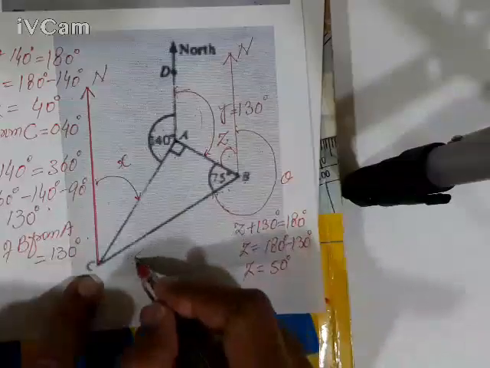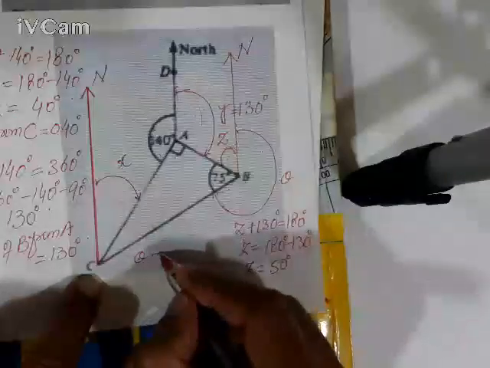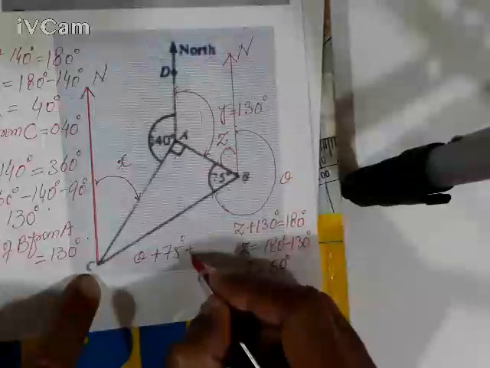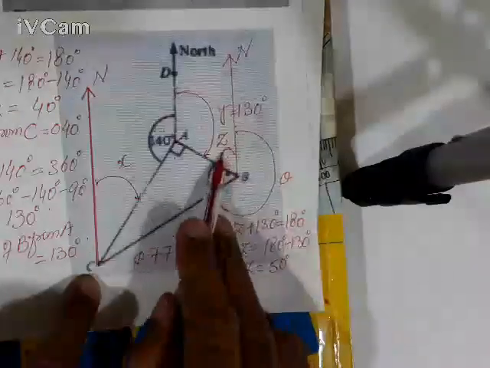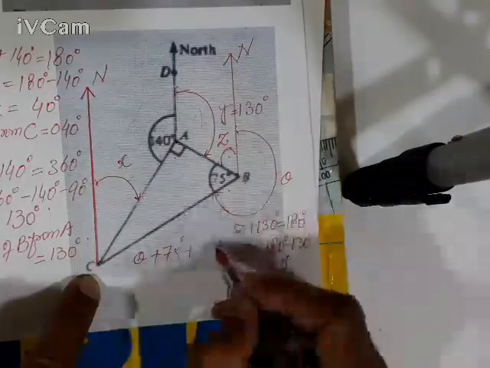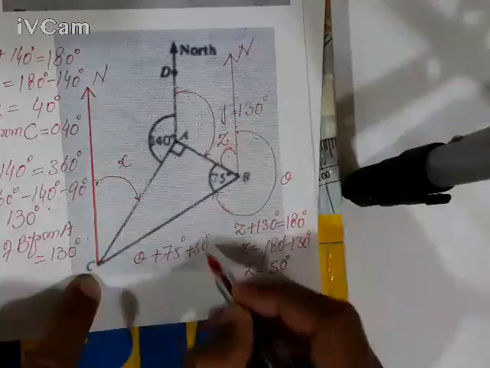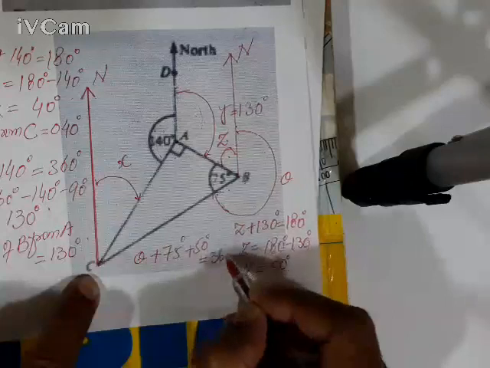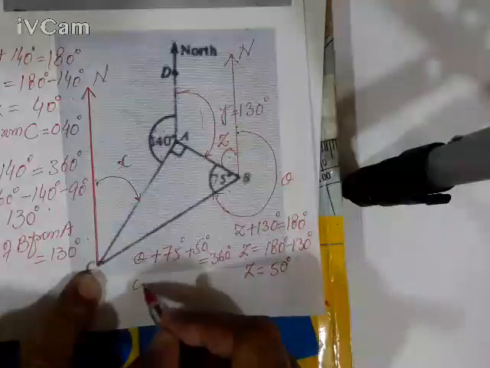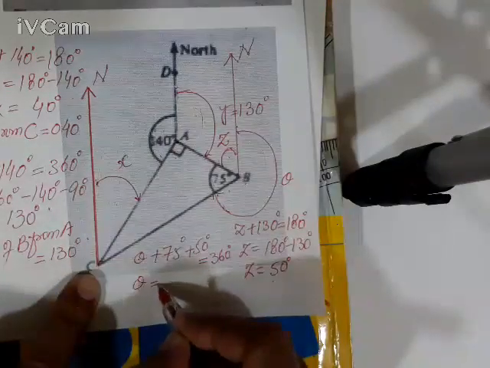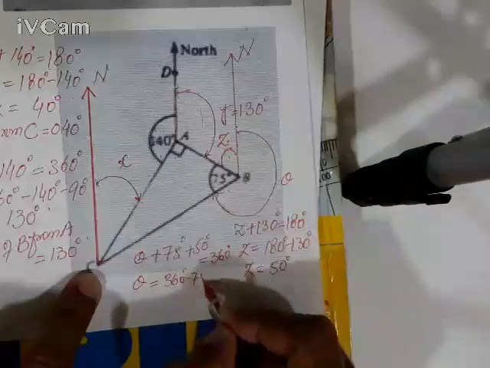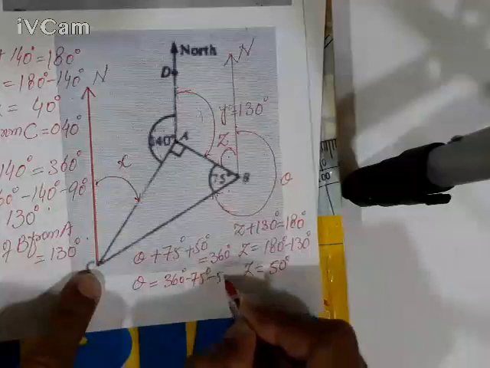Now theta plus 75 degrees plus Z, which is 50 degrees, is equal to 360 degrees. Now theta is equal to 360 degrees minus 75 degrees minus 50 degrees.